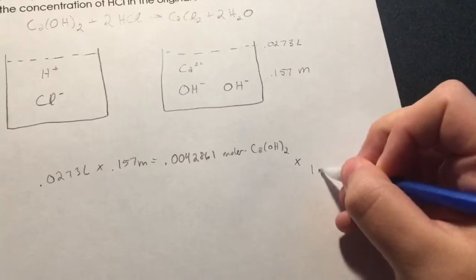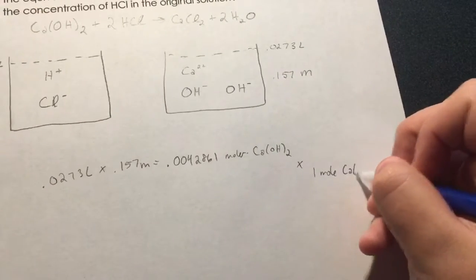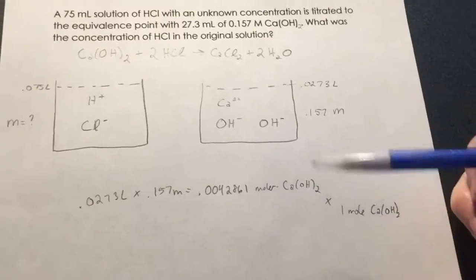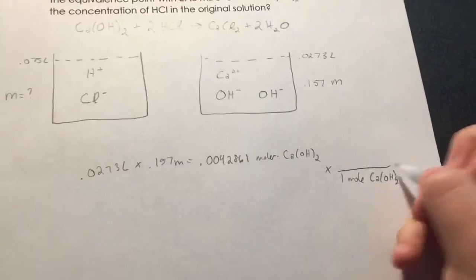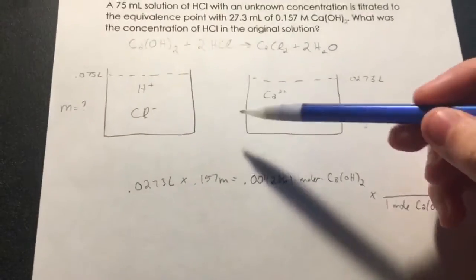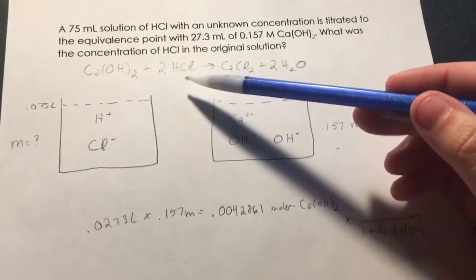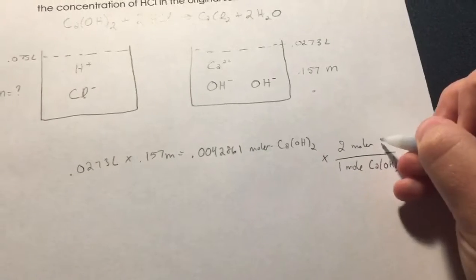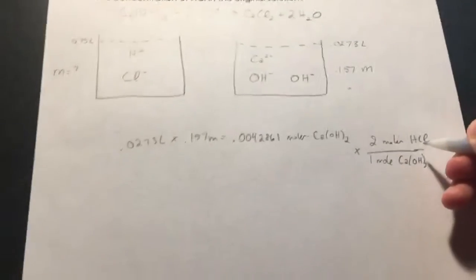So we put 1 mole of Ca(OH)2, and on top we want the moles of HCl. Looking back at the balanced equation, that's 2. So we have 2 moles of HCl up here.